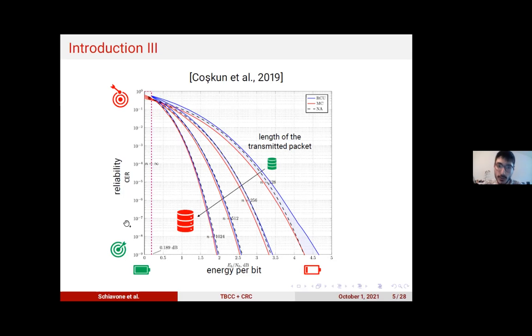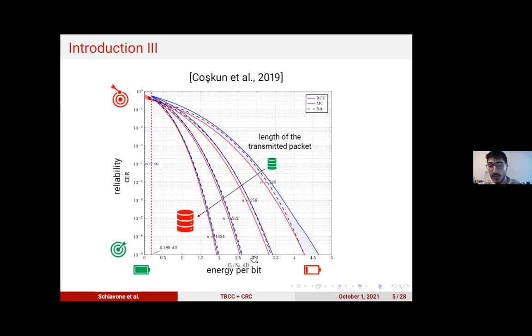Here is the code word error rate that I think everybody is familiar with. And here in the x-axis, there is the energy per bit over the noise. It's a measure of the energy of the information bit, because there are different ways.